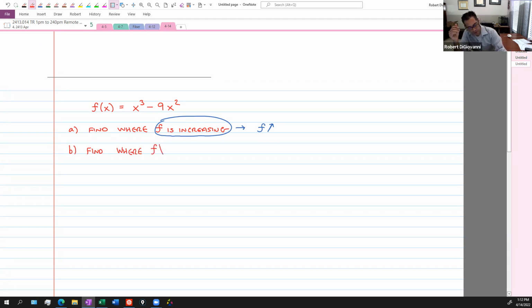So I'm just going to put an arrow down like that. And then part C, I want us to find any local maximums or minimums.